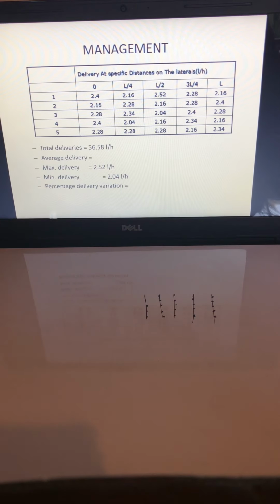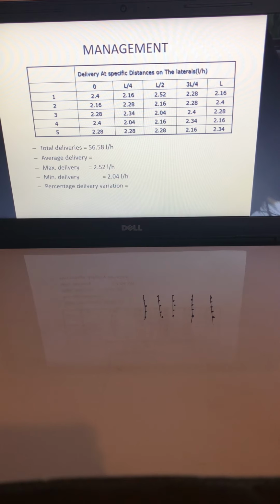Because we don't always have exactly the same amount of water leaving every single emitter, it's not always perfect, and over time, if you have problems with your emitters, those emitters can get worse.